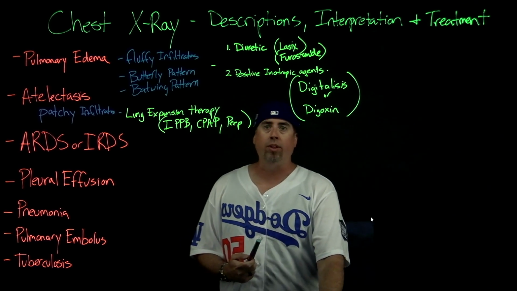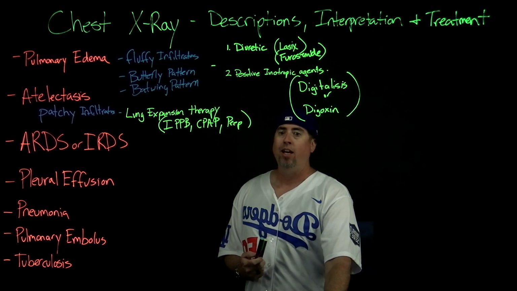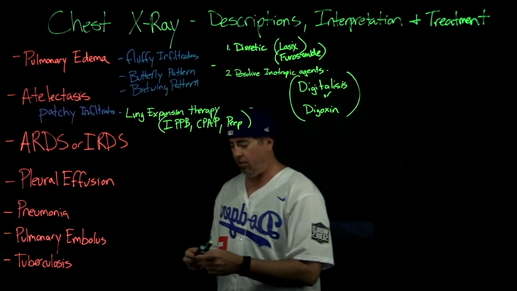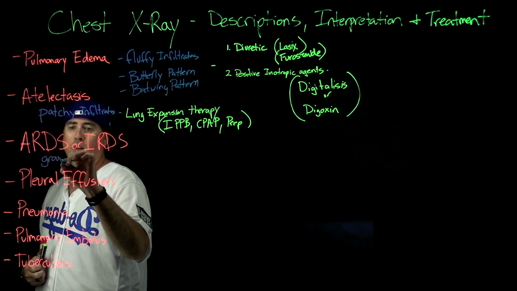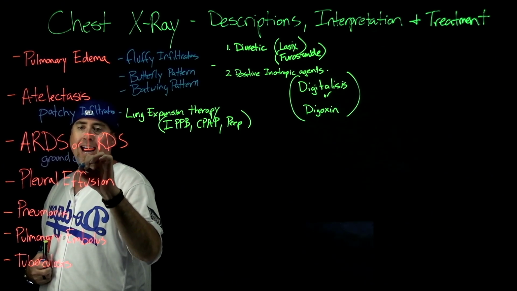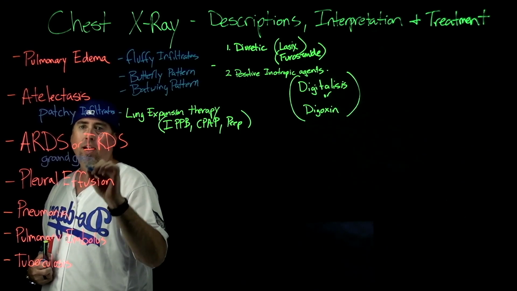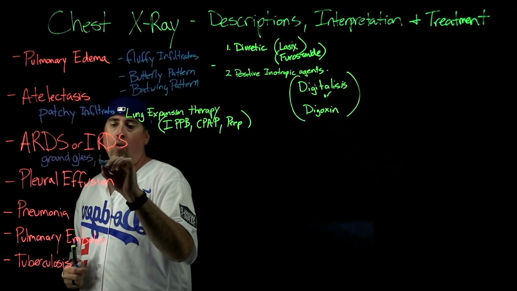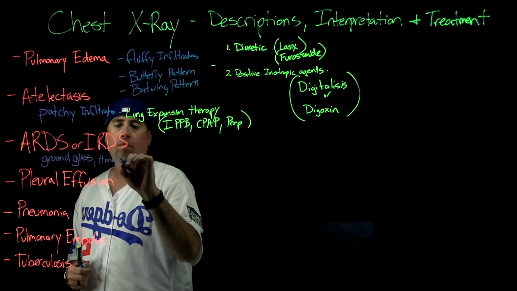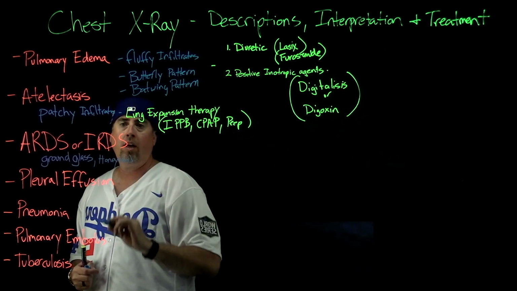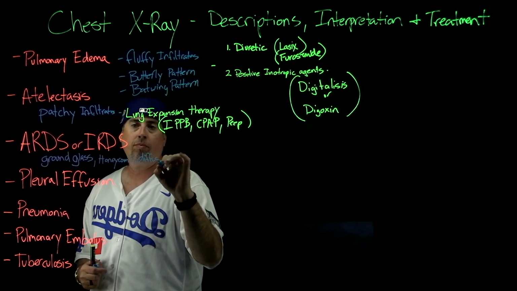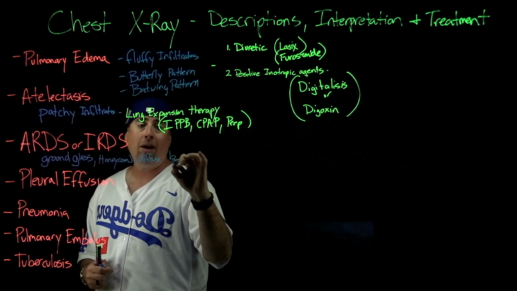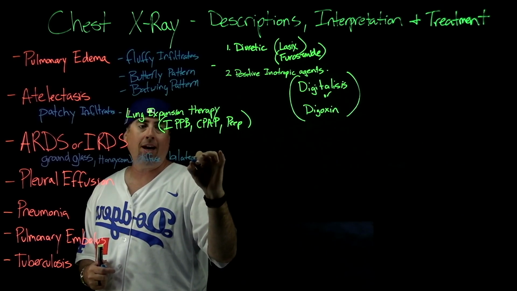ARDS. And now with ARDS, guys, we have some very descriptive terms you might have seen. And that is ground glass, okay, or honeycomb, okay, and this one, or diffuse, scattered. Bilat means both sides, bilateral.